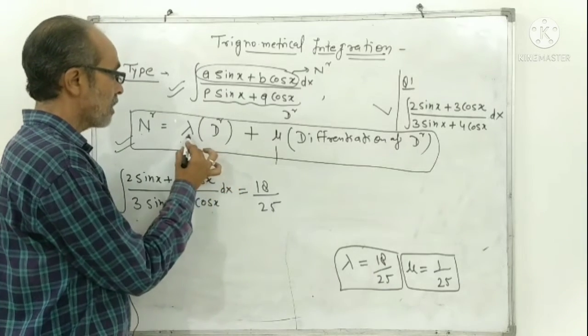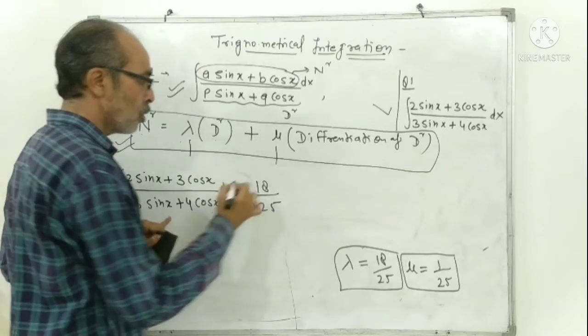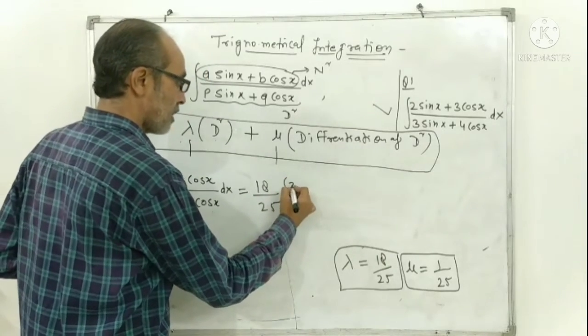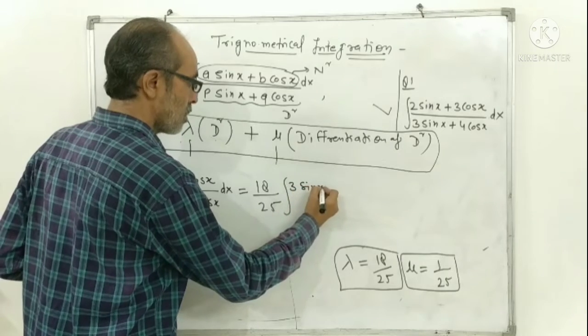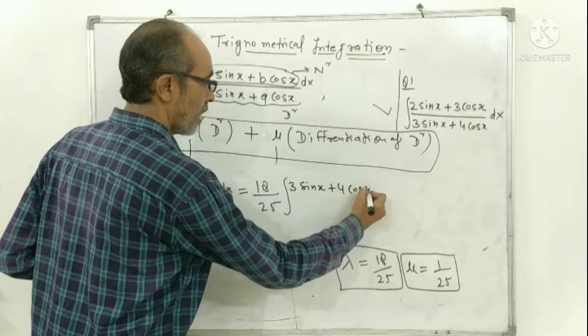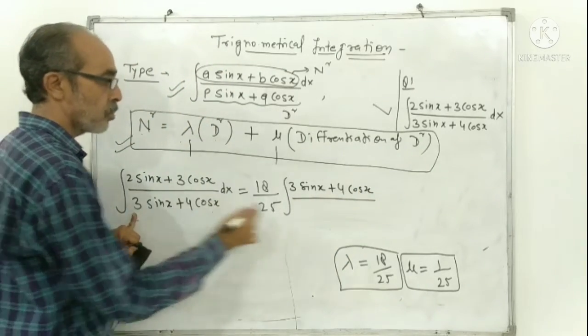Here lambda times the denominator of the given integral, so I write here the integration of 3 sin x plus 4 times cos x divided by the term 3 sin x plus 4 cos x.